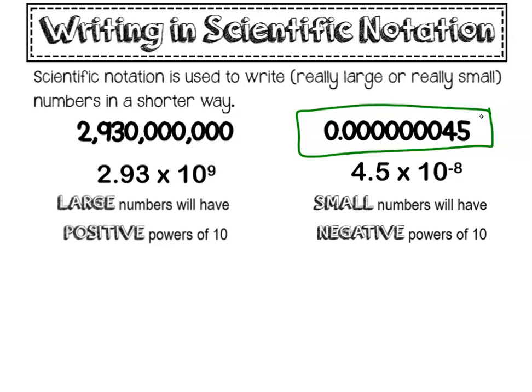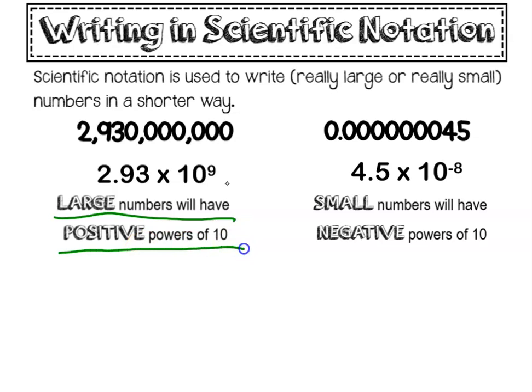Now, I know that number's long, but it's actually really small because it's a decimal value. So large numbers will have positive powers of 10. Small numbers will have negative powers of 10. Okay, so negative powers are not negative numbers. They mean you have really teeny tiny small numbers.